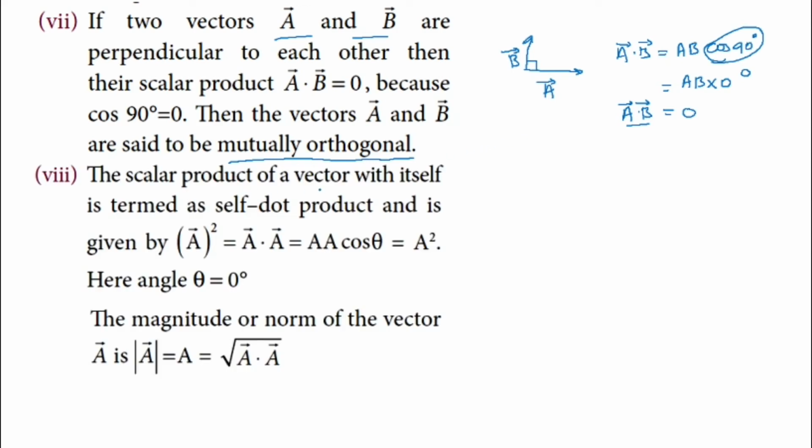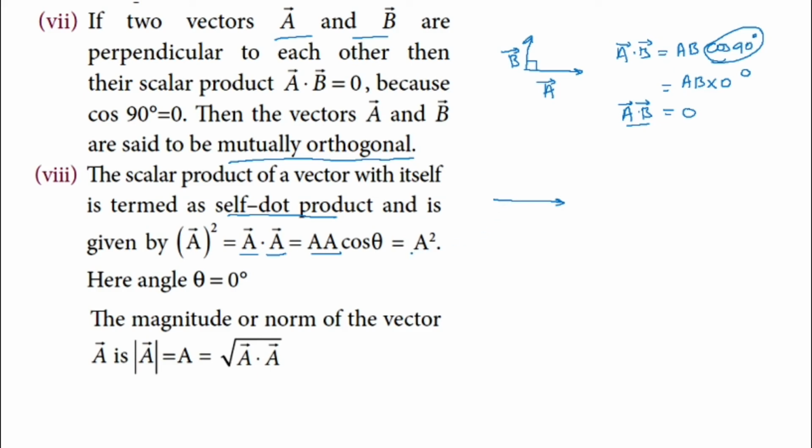The scalar product of a vector with itself is termed the self dot product. That means we are taking a vector and multiplying it with A vector, that is A dot A. A dot A gives the product of the magnitude of A and A and the cosine of the angle between A and A. These are parallel vectors, so the angle is 0.